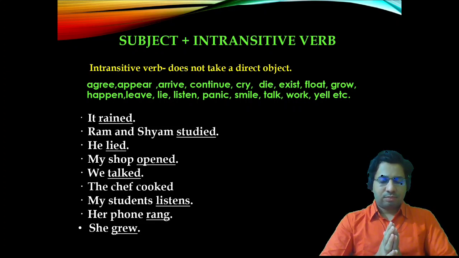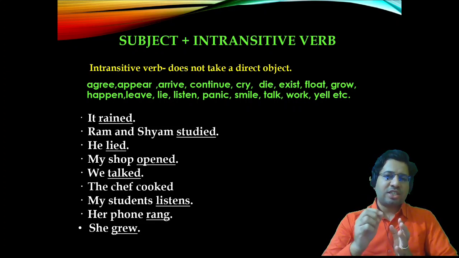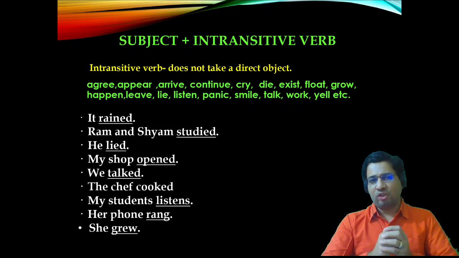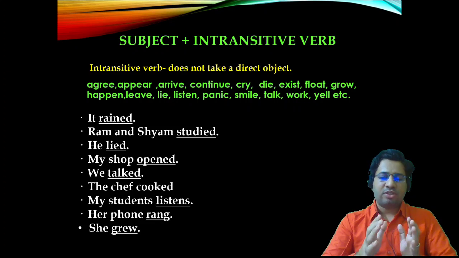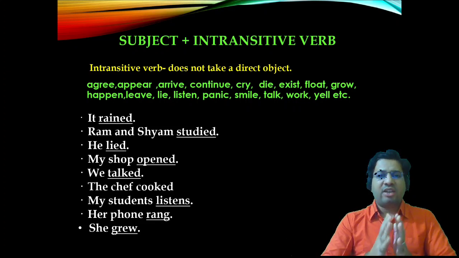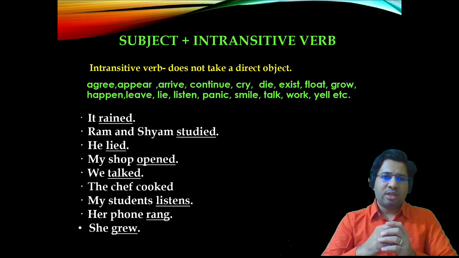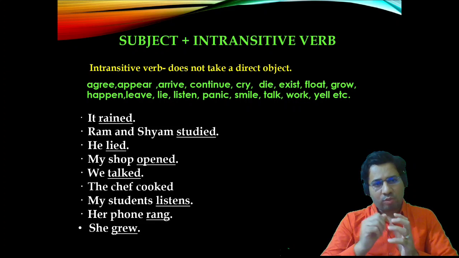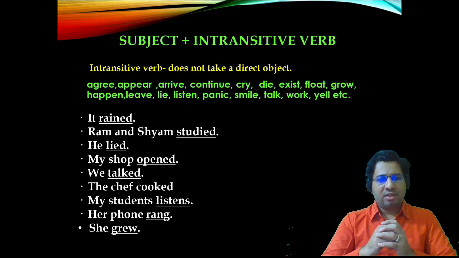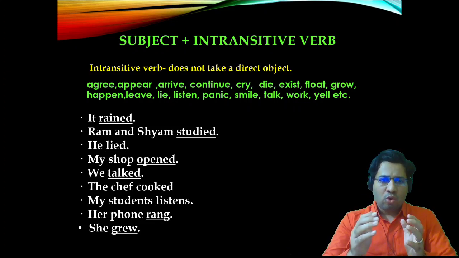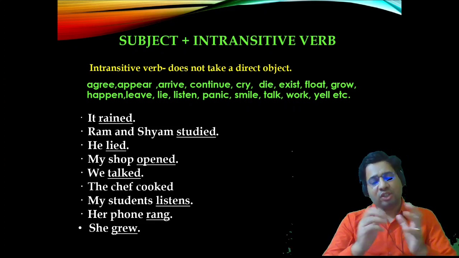First one, the most basic sentence pattern is a noun followed by an intransitive verb. That is, subject plus intransitive verb. Here we need to first understand an intransitive verb. Actually, an intransitive verb is defined as a verb that does not take a direct object. That means there is no word in the sentence that tells who or what received the action.